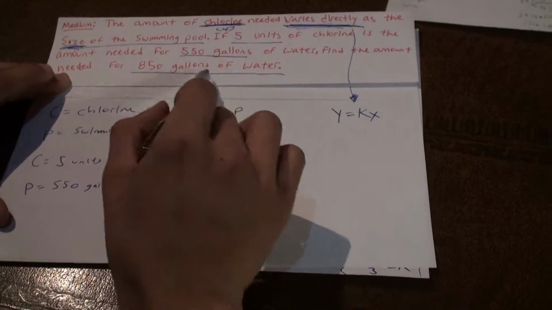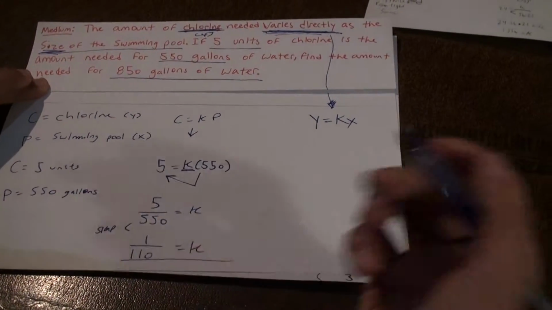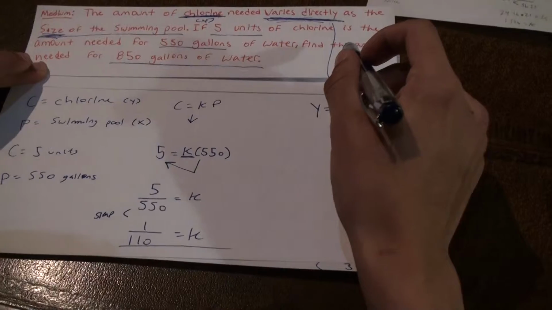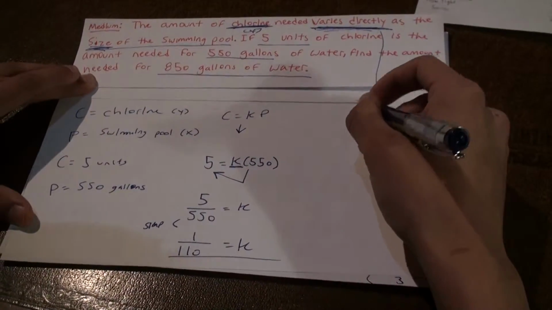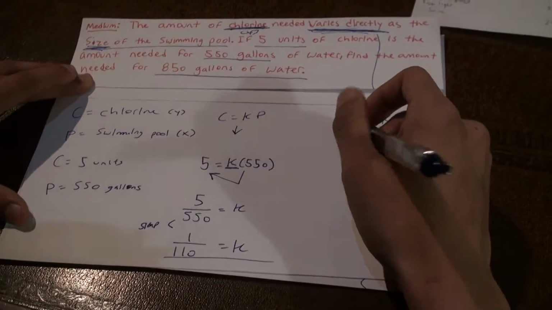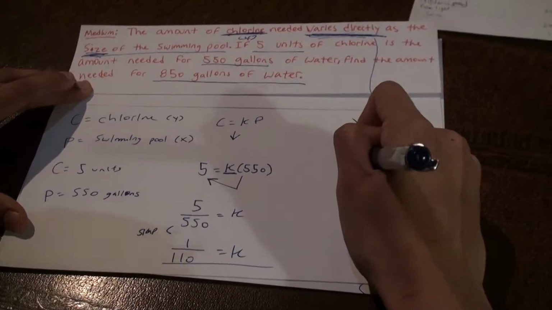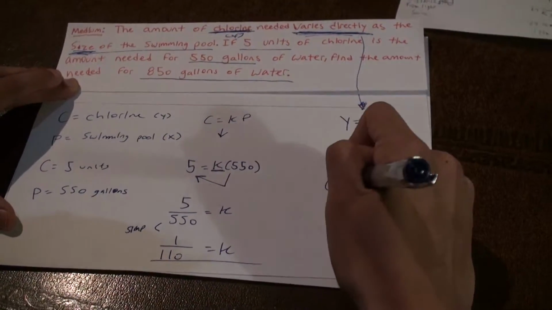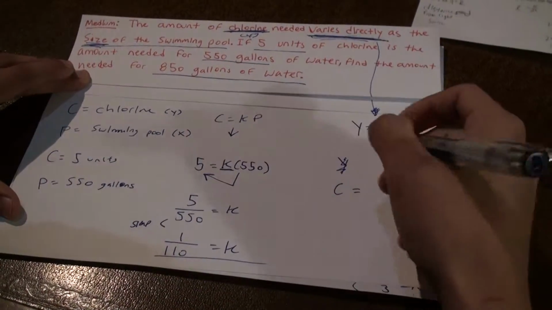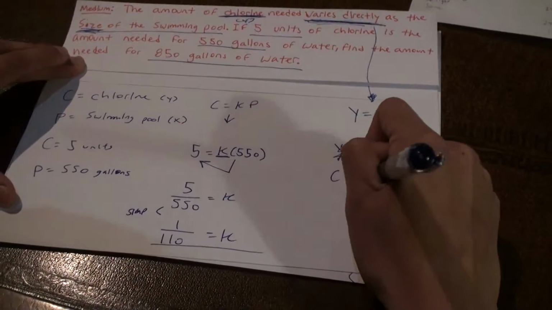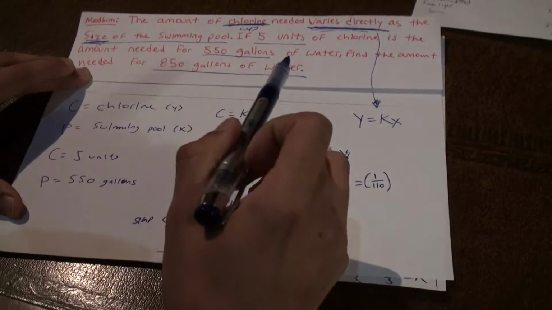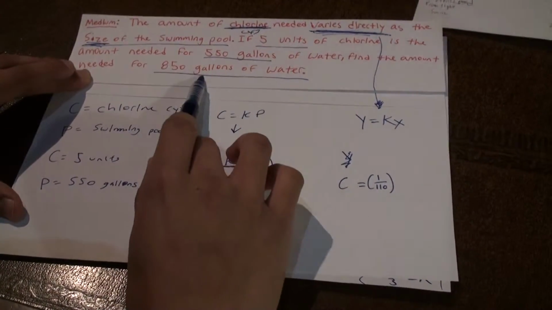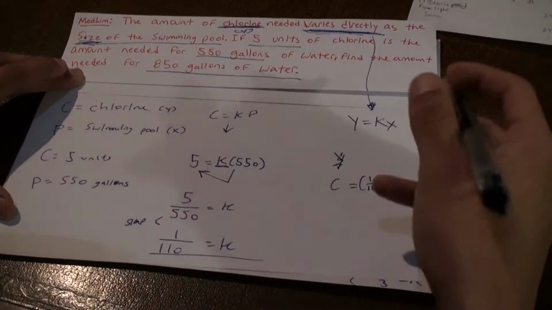And the second part of the problem, find the amount of chlorine needed for 850 gallons of water. So you already have your constant, and you already have your gallons of water. C is your Y, your chlorine. So C equals 1 over 110, and then the P, the gallons, is already given up here.